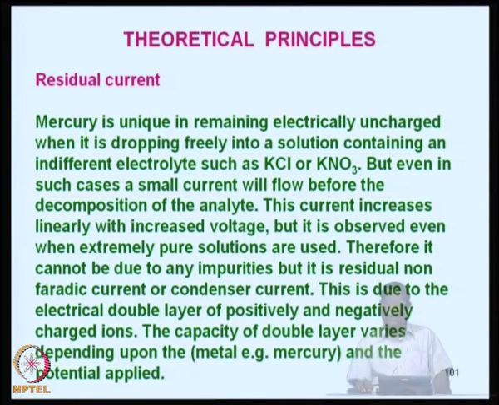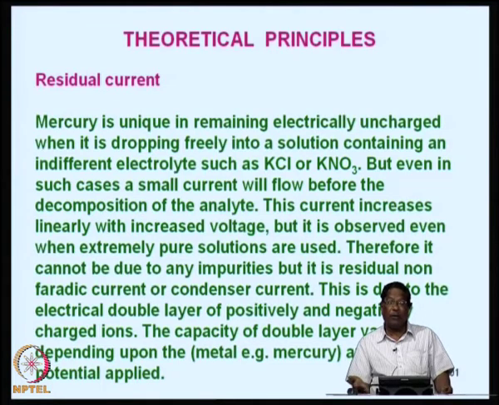Mercury is unique in remaining electrically uncharged when it is dropping freely into a solution containing an indifferent electrolyte. You know that we can use potassium chloride and potassium nitrate, sodium chloride, etc. These are called indifferent electrolytes. That means, they do not get reduced at the electrodes.